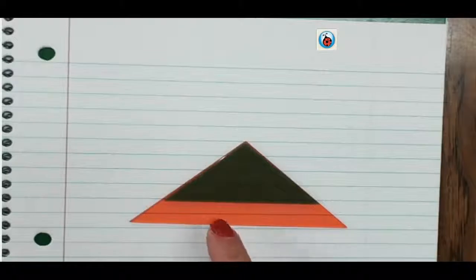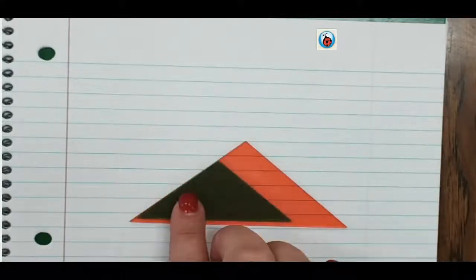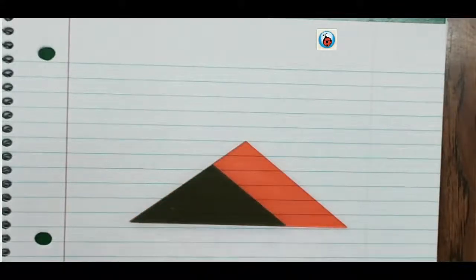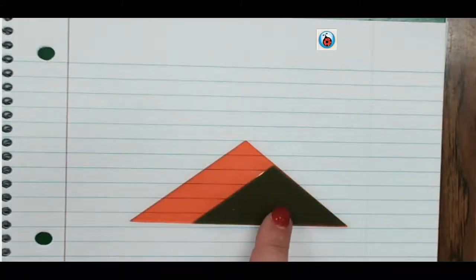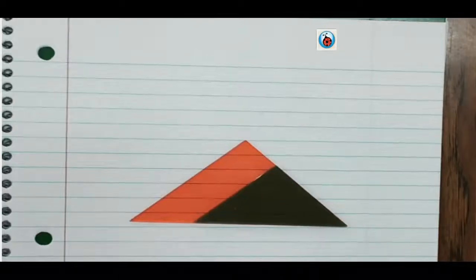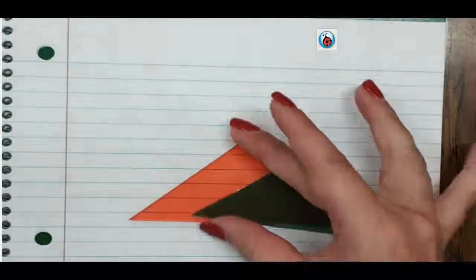If I move it to angle B and G, can you see how they measure exactly the same? Same thing for angles C and H. So that's one of the properties of similar figures.